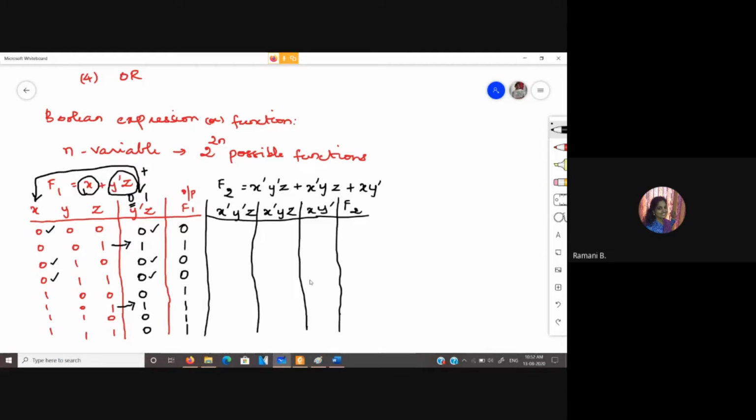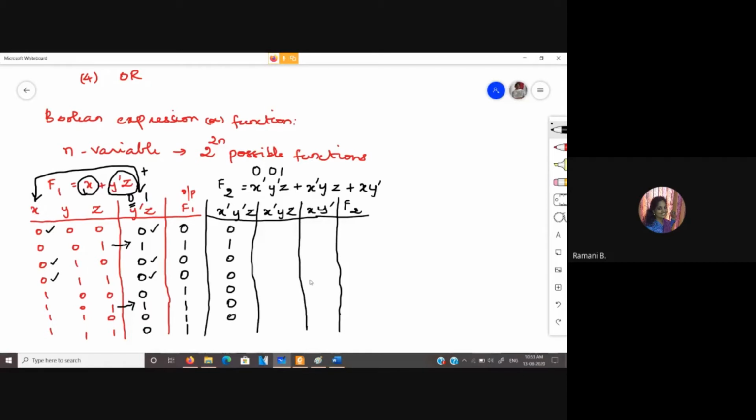So this x bar, y bar, z implies you should have the value of x to be 0, y to be 0 and z to be 1. Only then with the complement operation, x bar will become 1, y bar will become 1 and z will be 1 and you will get the value to be 1 over there. So for this particular expression, here alone you have a 1, all the other places you have 0.